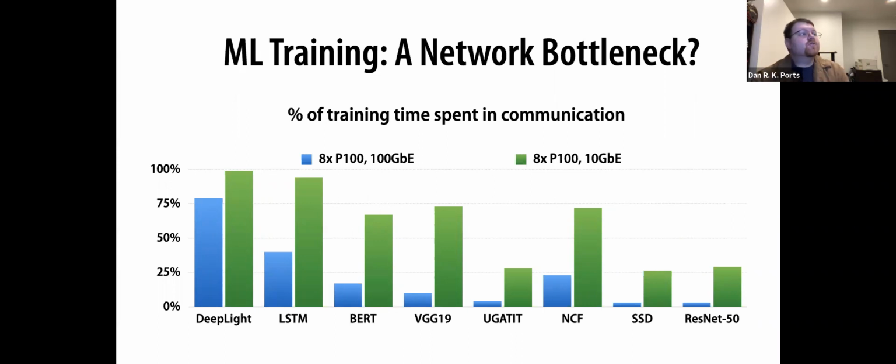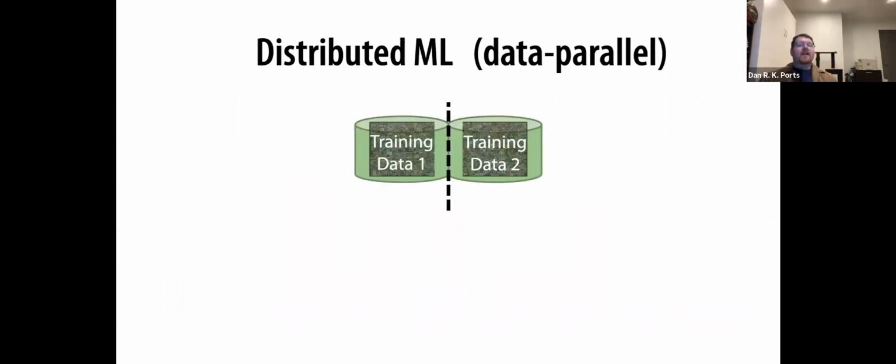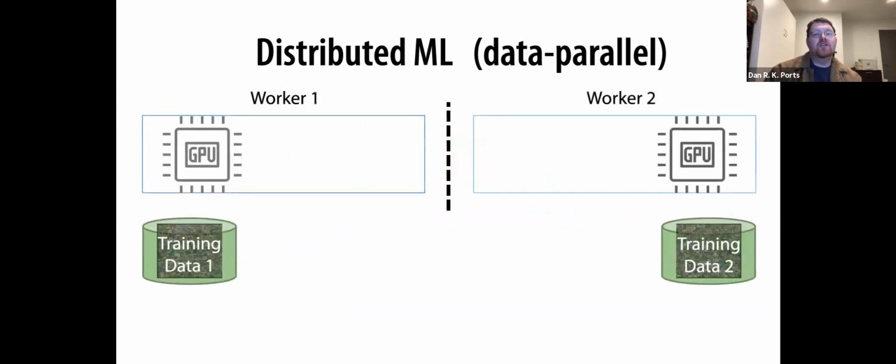So what's going on? Well, let's think about how distributed ML training is usually done. Here I'm going to describe the basic batch parallel training approach. There are other more advanced things that could be done, though most of them are also communication intensive. So conceptually, we've got a large set of training data, say a bunch of images, and we'll divide that up among different workers.